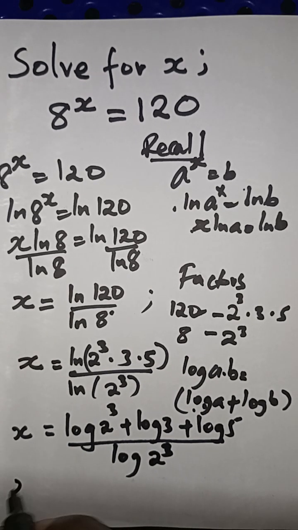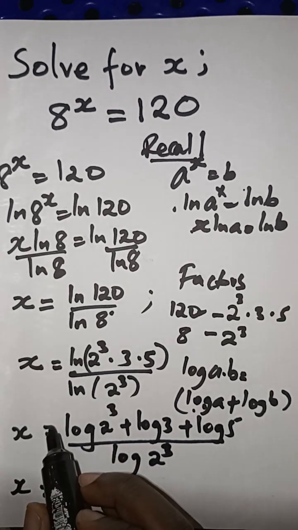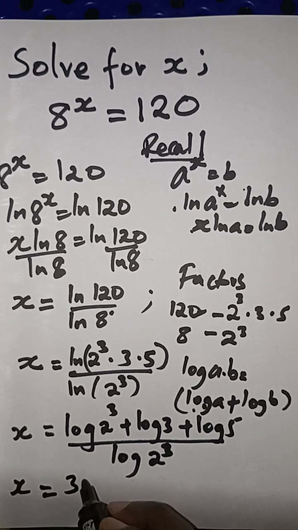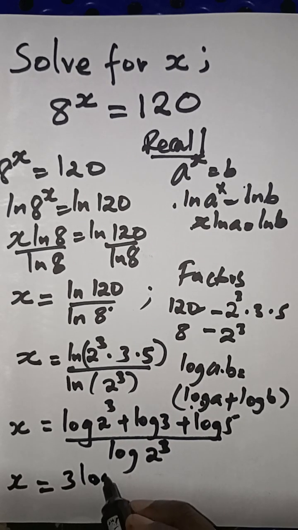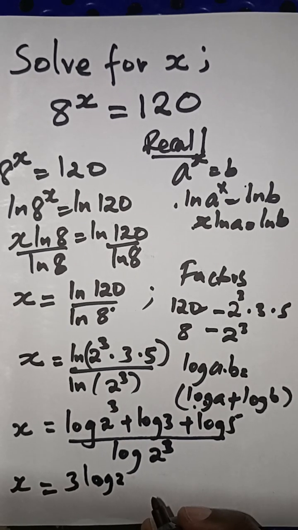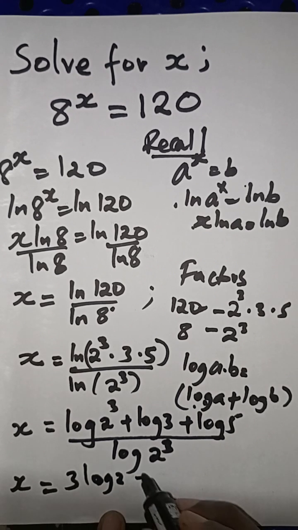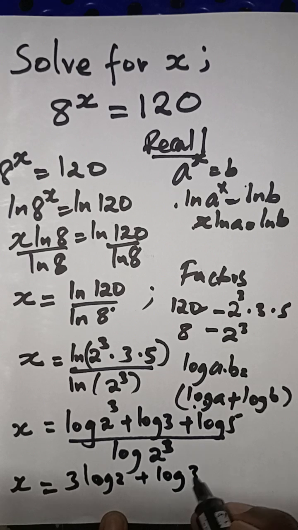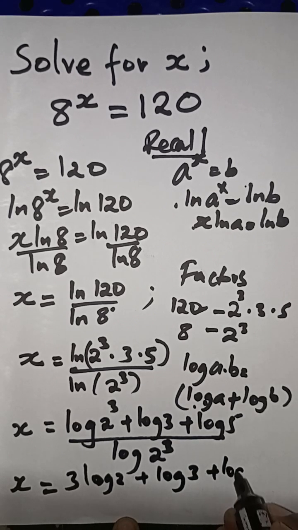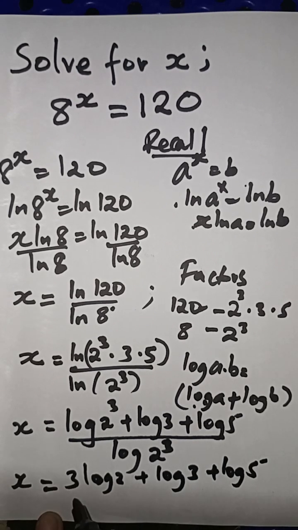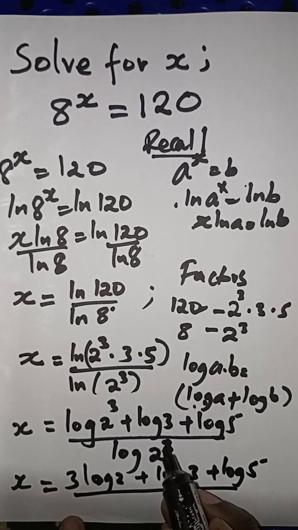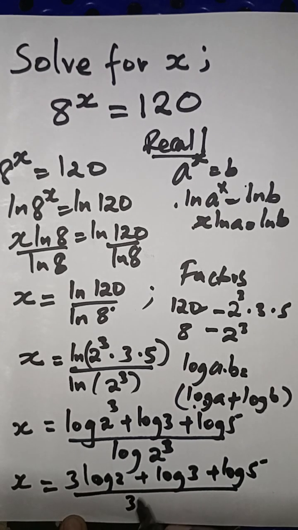Simplifying it further, the power can come down as 3 times the log of 2 plus the log of 3 plus the log of 5, divided by 3 times the log of 2.